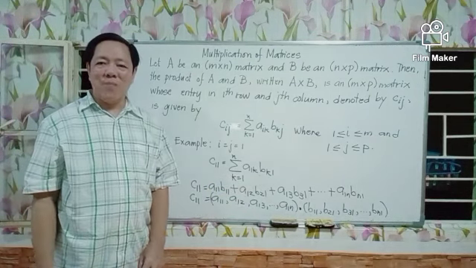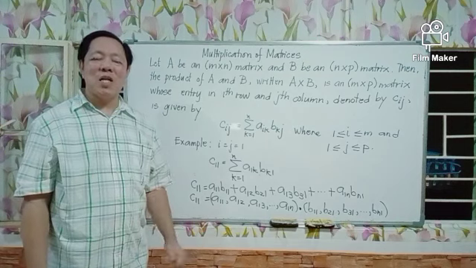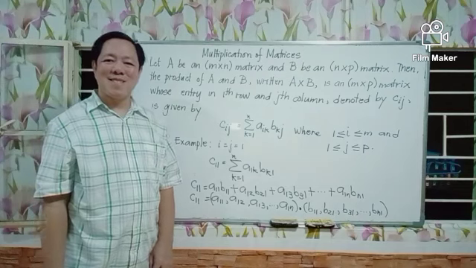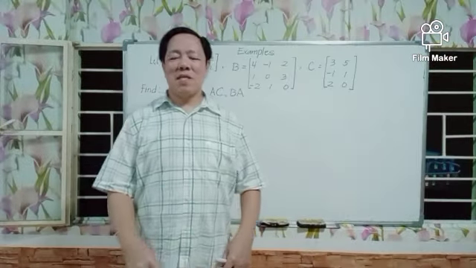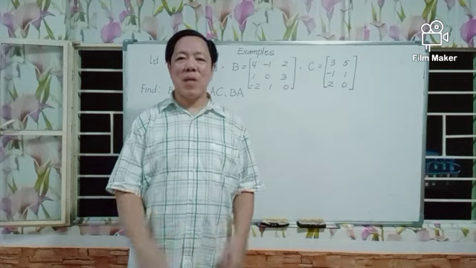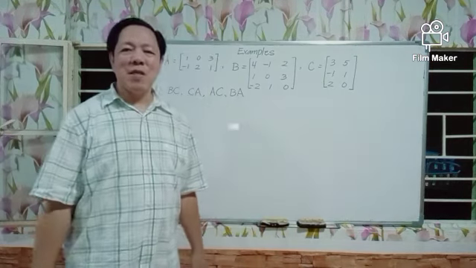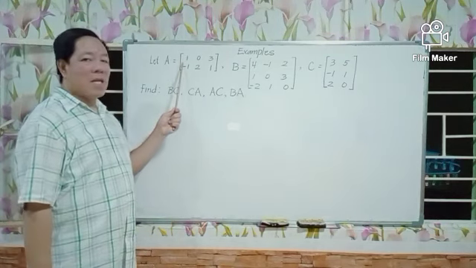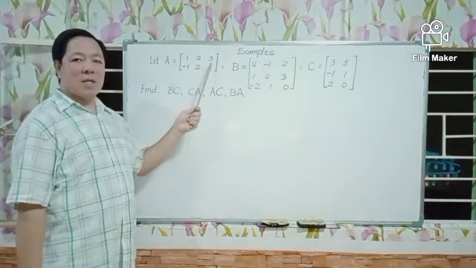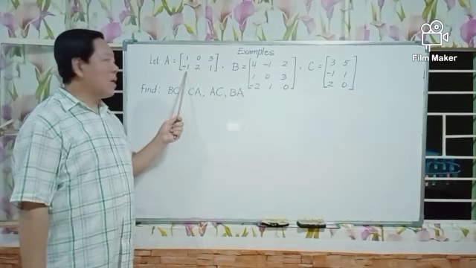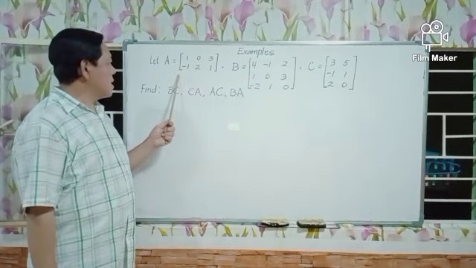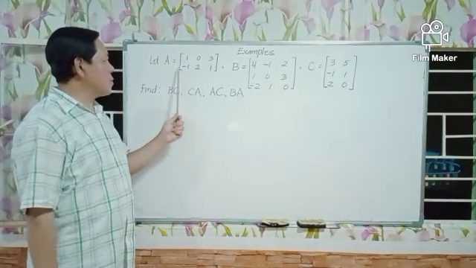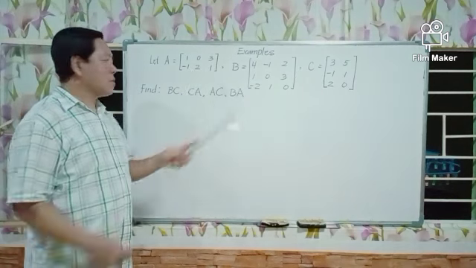We now take examples to apply this definition of the product of matrices, for how to multiply two matrices. Consider the following. Let A be a matrix with entries in the first row 1, 0, 3, in the second row negative 1, 2, 1. So matrix A is a 2 by 3 matrix with 2 rows and 3 columns.